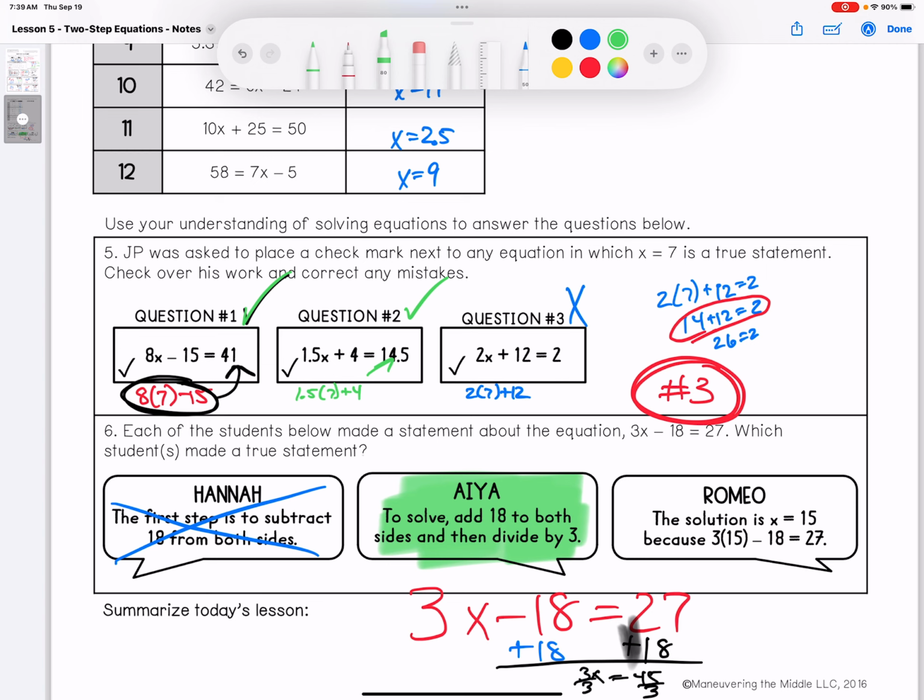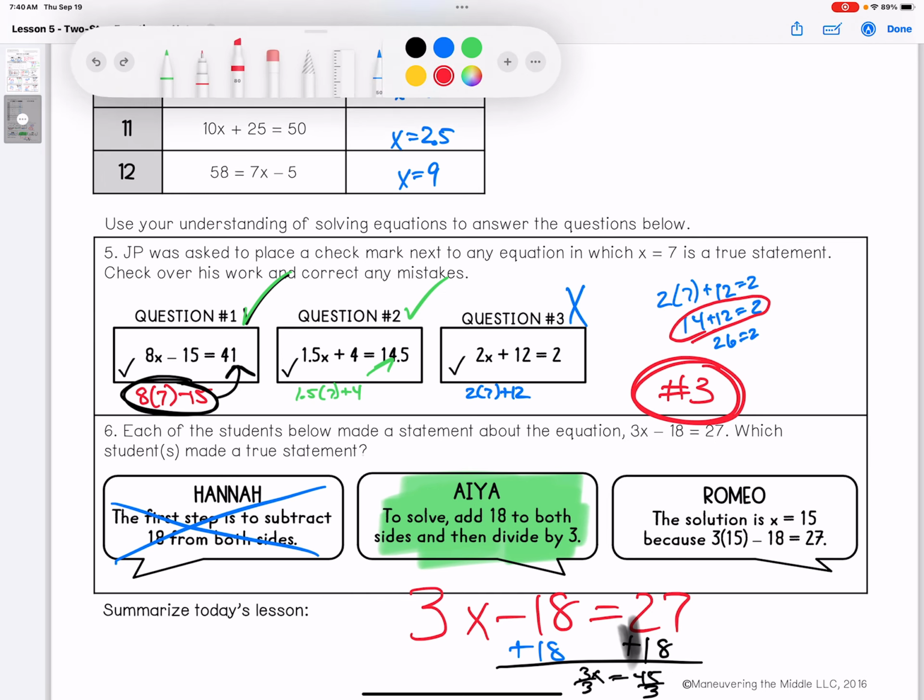That is correct. Romeo says the answer is 15 because 3 times 15 minus 18 is 27. So type this into your calculator and see if it gives you 27.